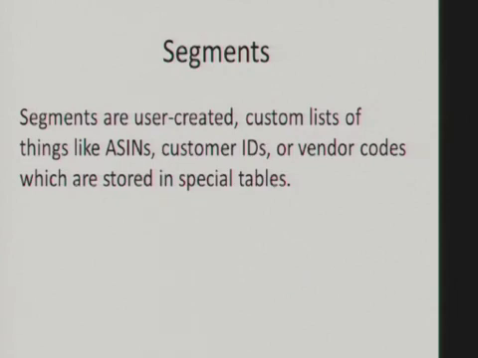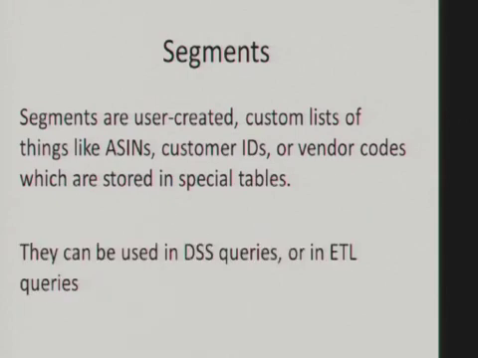For those of you who haven't worked with them, a segment in Data Warehouse is a list of things like ASINs, customer order IDs, or vendor codes that you upload into Data Warehouse, and it saves them in a table. You can then use that table that now has your unique list of ASINs or values. And they can be used in DSS queries.